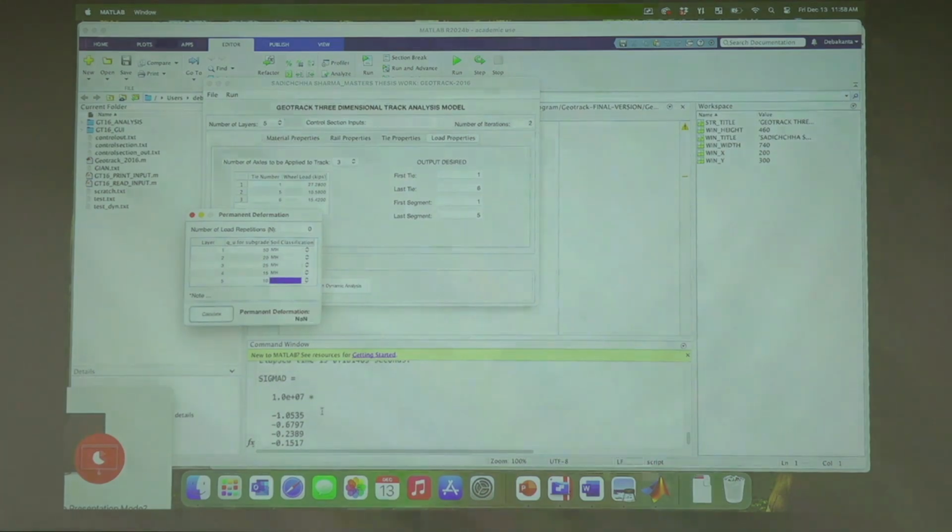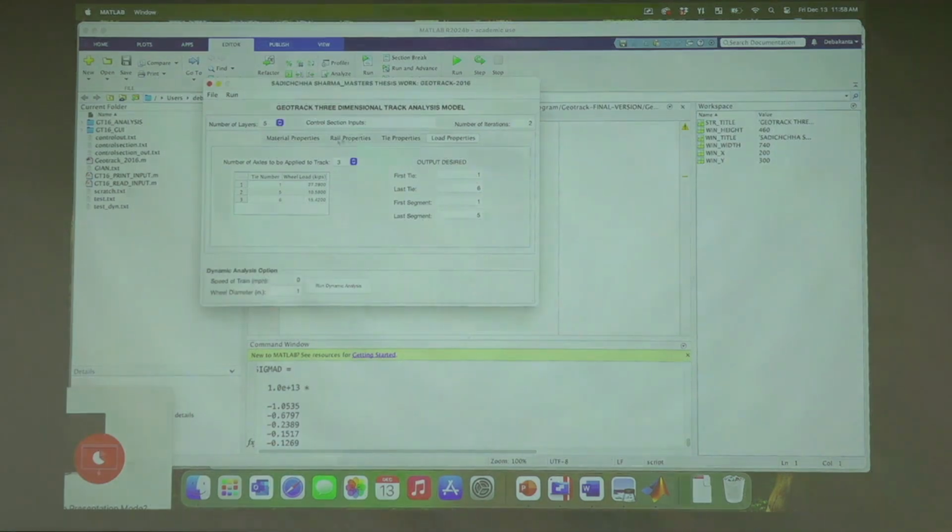I don't remember exactly what the deal is. Oh, sorry. I'm so sorry, guys. Yes. 1000 load repetitions. QU. I don't know why it's doing that. Okay, I'm not going to waste time.